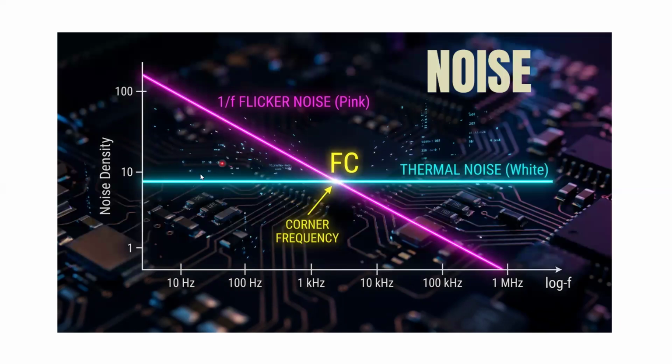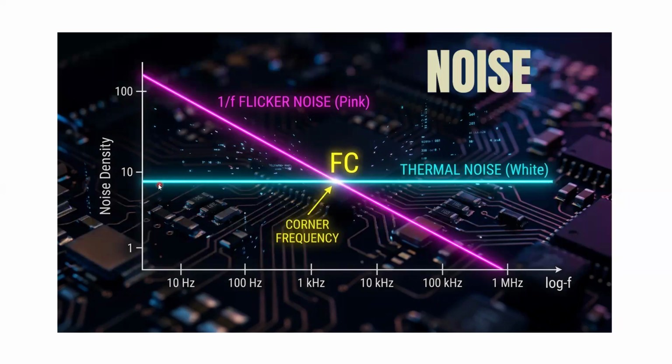On the other hand, this blue or magenta line is called broadband noise, or thermal noise, also called white noise. It is primarily present in all semiconductor devices and resistors.